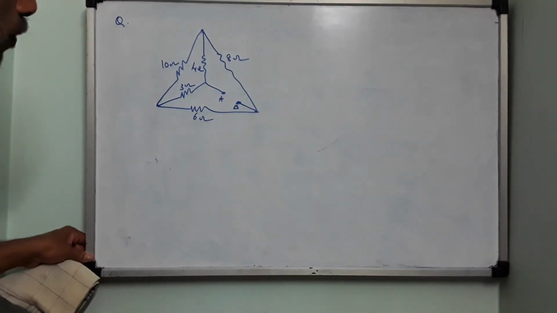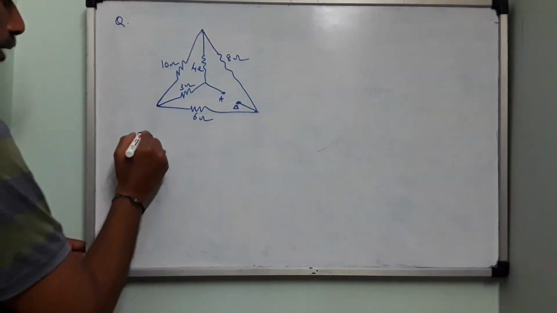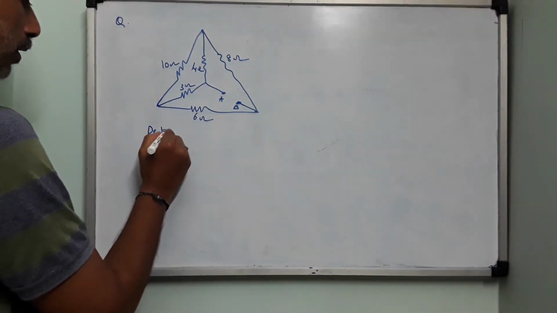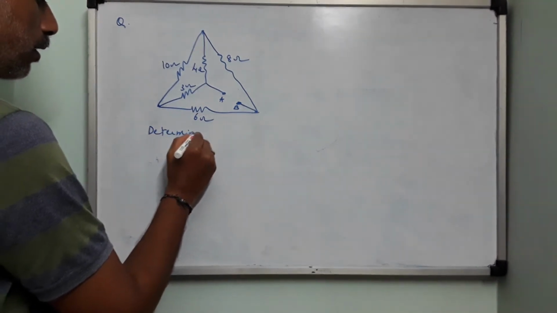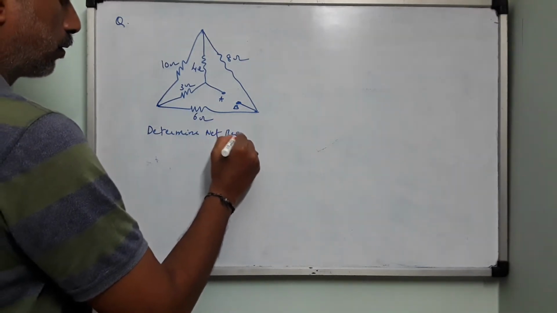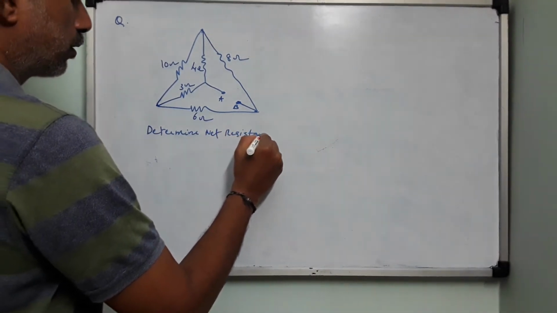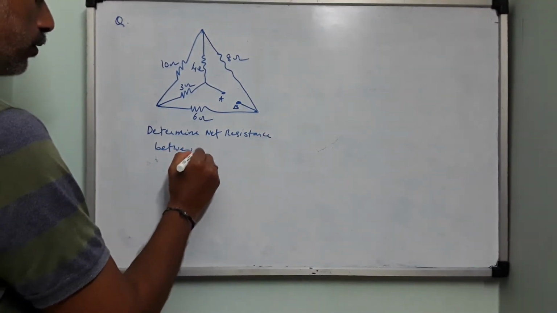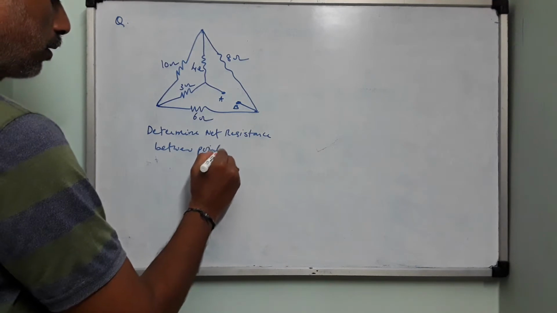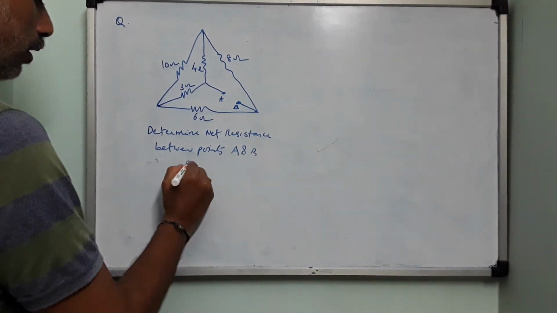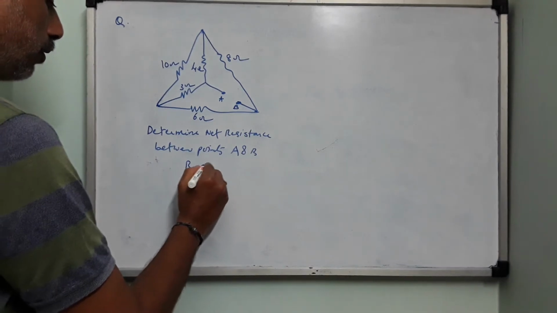Now the question is, determine the net resistance between points A and B. That is RAB equals how much?